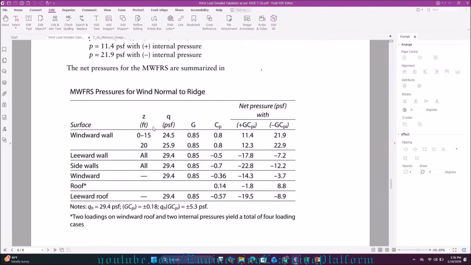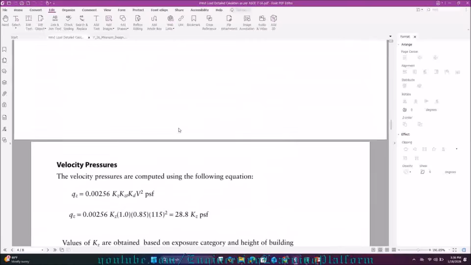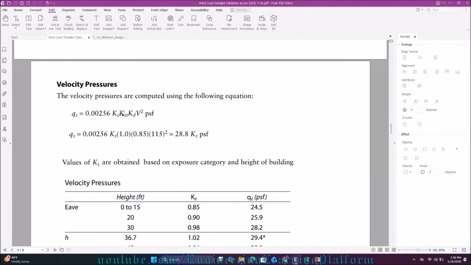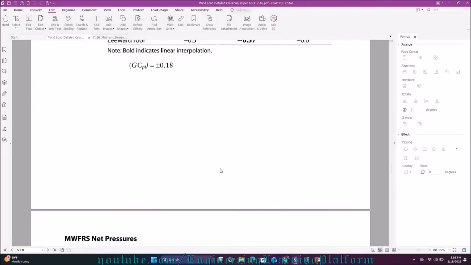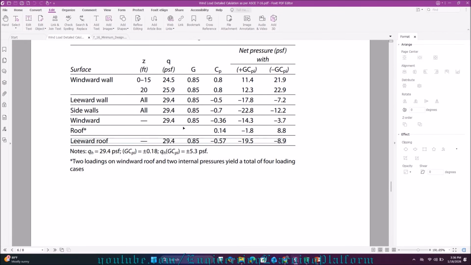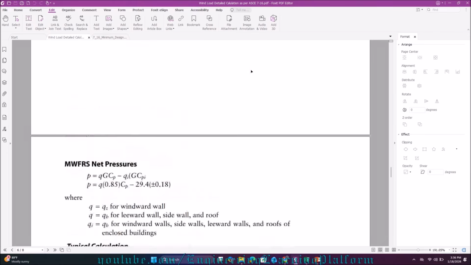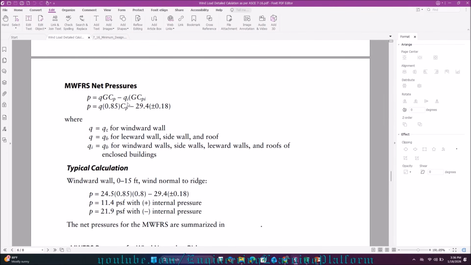Based on this Z value, you calculate your Q value. I already showed you how you calculate this Q value. The only thing that was missing was KZ, and I showed you how you get the KZ value at different heights. So in this way you get your Q values. Then G, the gust factor, and CP, the external pressure coefficient, I have just explained how you get. Then this is your positive, and finally, this is your net pressure that you calculate from this equation.